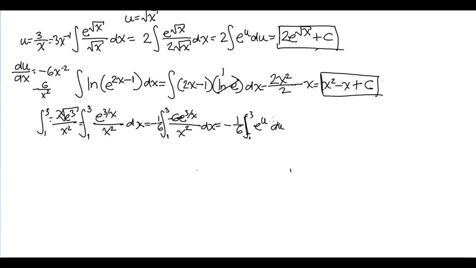Now, you can change the limits of integration if you want. In fact, why don't we do just that? So if u equals 3 over x, then we can change this to 1, because 3 divided by 3 is 1, and over here, we have 1 in the bottom, so that's 3.